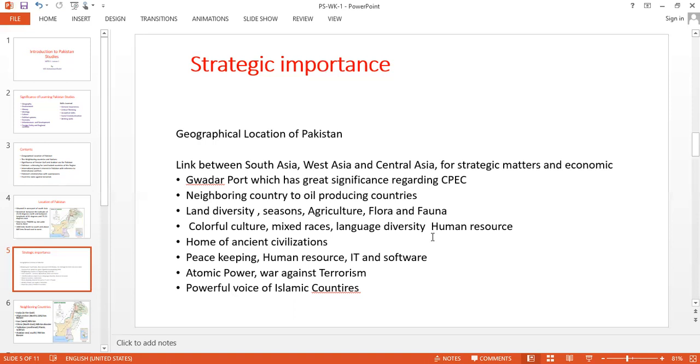Pakistan is also a very special country because of its human resource. The young people of Pakistan are very talented, hardworking, and they are studying in various fields like computer, medicine, engineering, electrical engineering, research, handicrafts, and they serve all over the world.